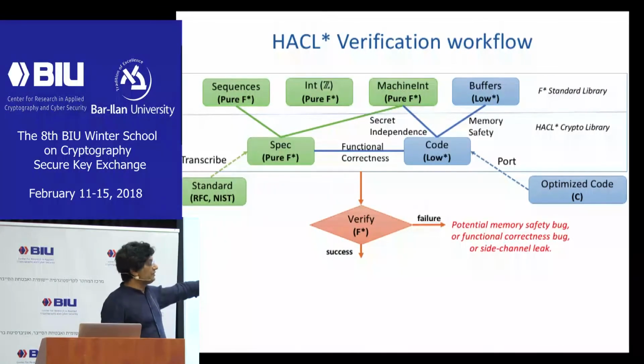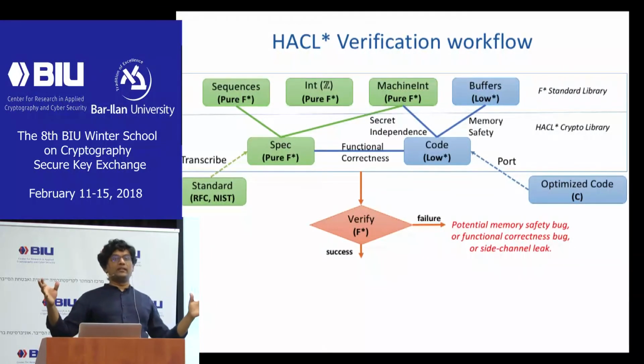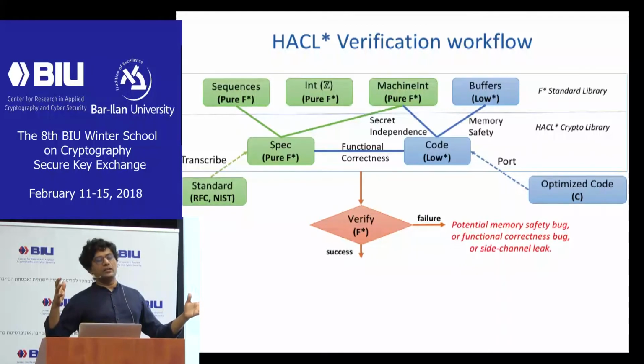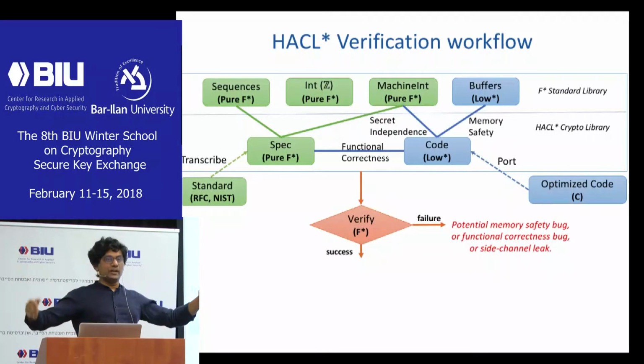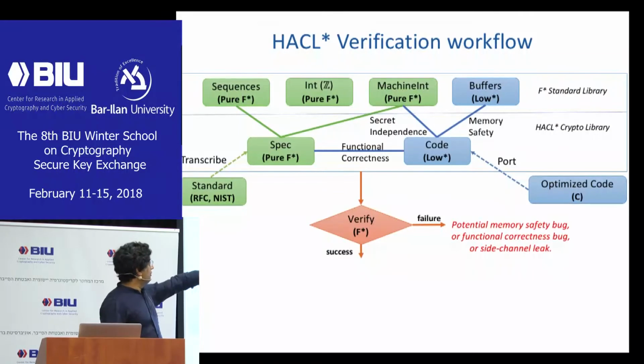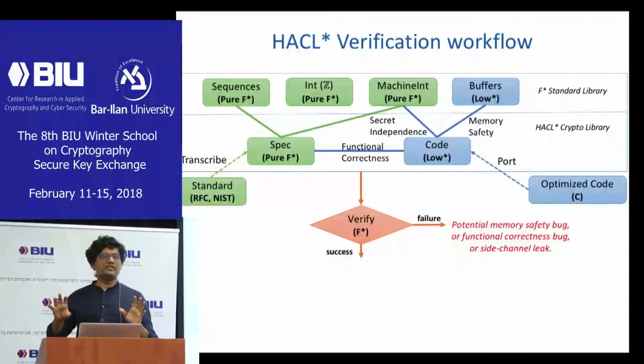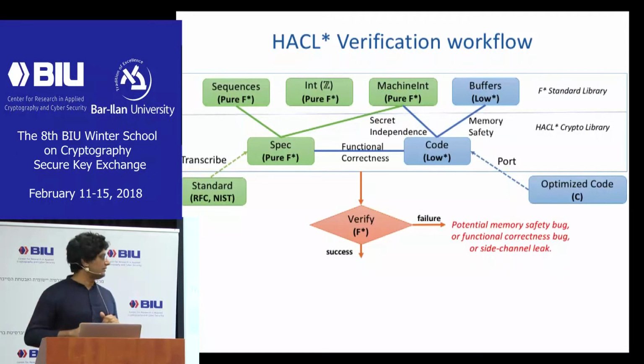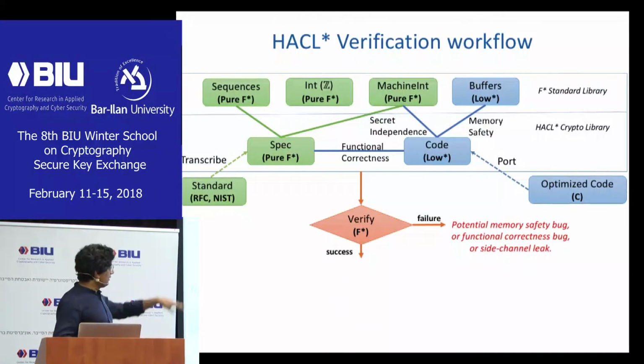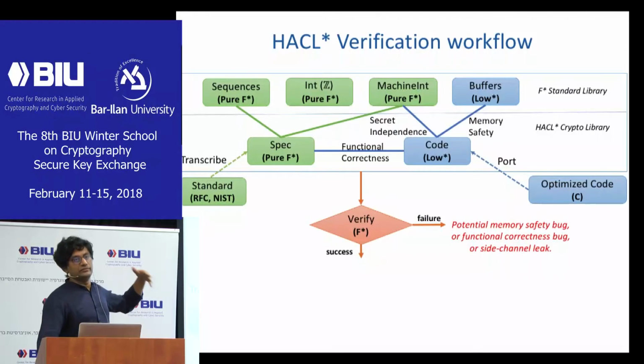That the code never accesses non-live memory contents and never accesses things outside bounds, which is called memory safety. And to prove that the code is secret independent, which is a form of side channel resistance, a limited form of side channel resistance. And all of this is verified using a type checker called F star, the F star type checker. And if F star succeeds, you're guaranteed that you don't have any of those bugs in your code.